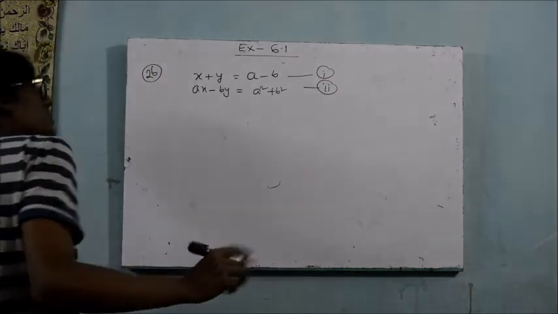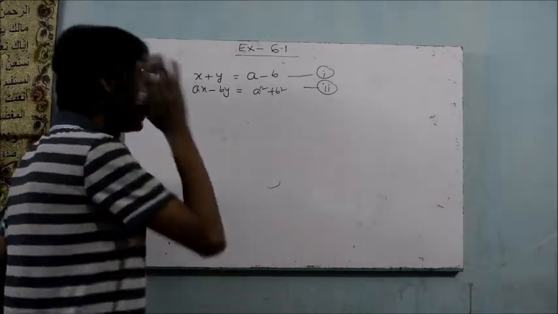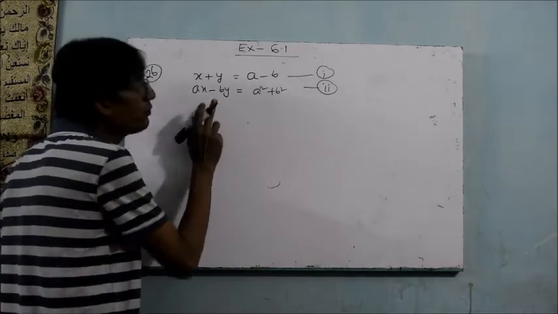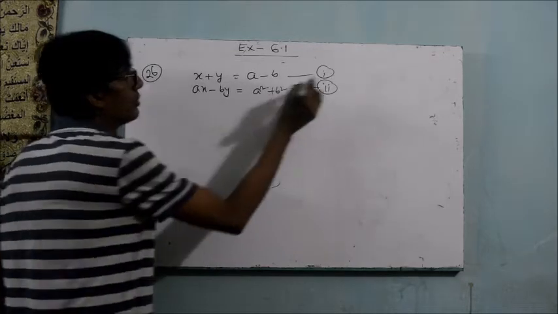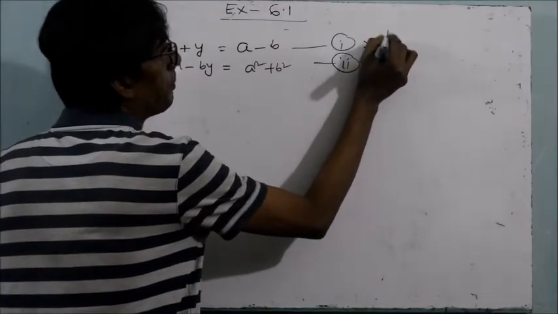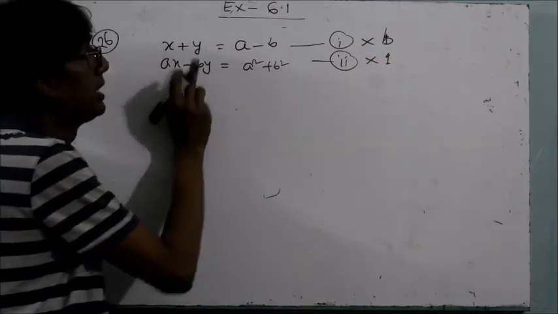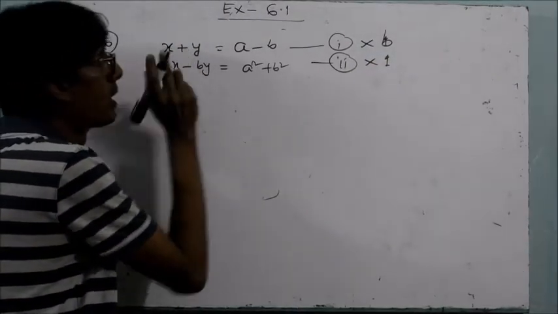Dear students, decide which variable you want to eliminate. I think it's better if we decide on the y variable. So I have to multiply the first equation by b and the second by 1, because here the coefficient is b and here the coefficient is 1.